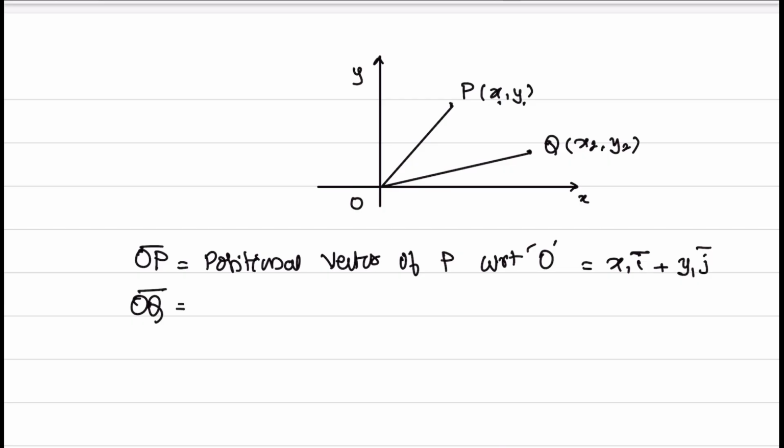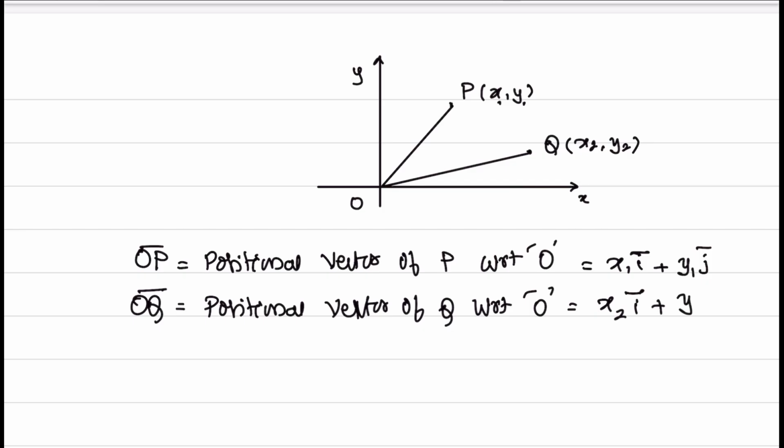OQ bar is equal to the positional vector of Q with respect to origin O. That is equal to x2 i bar plus y2 j bar. Then, what about PQ?